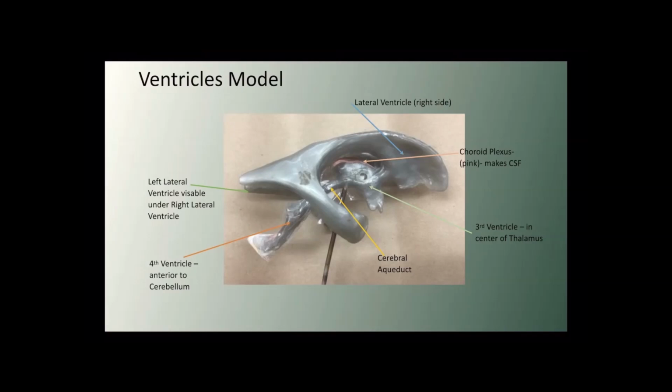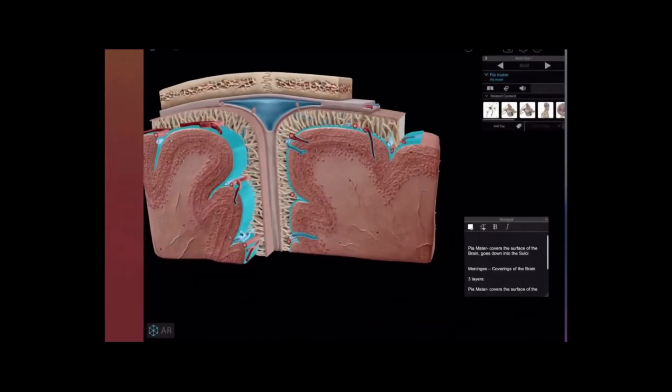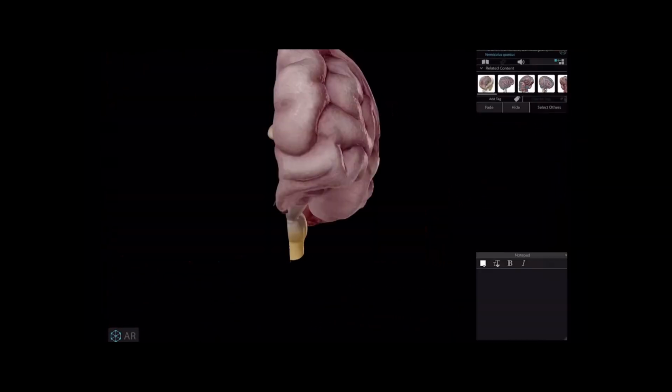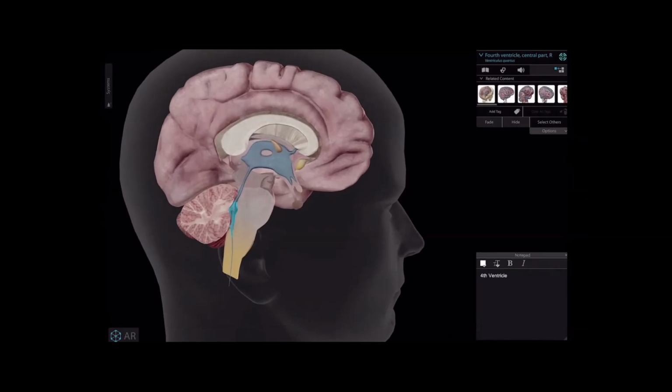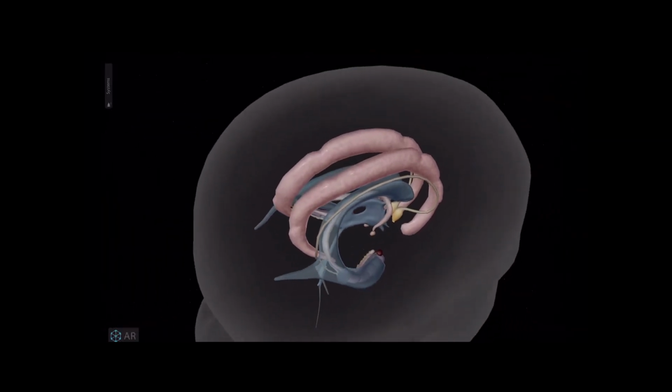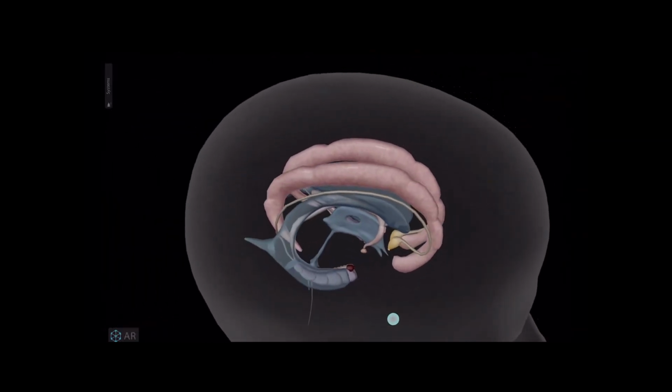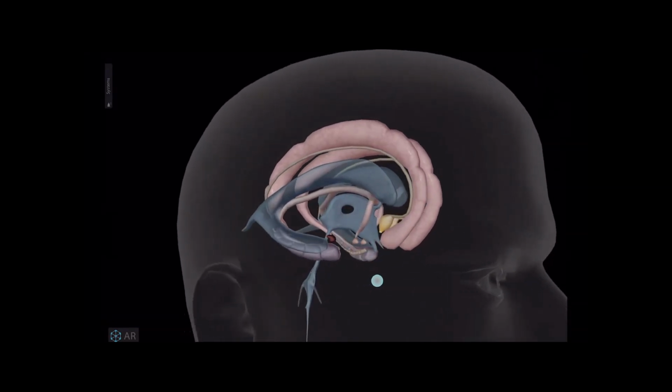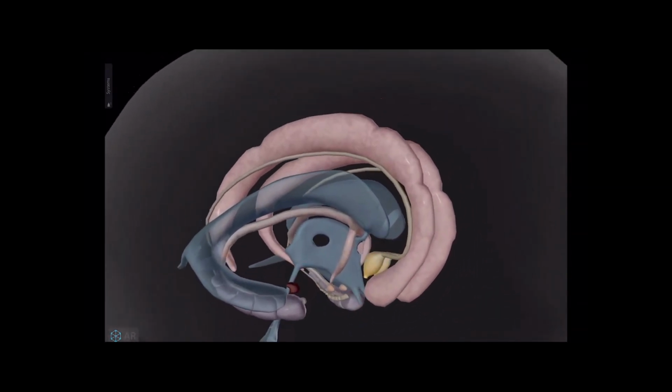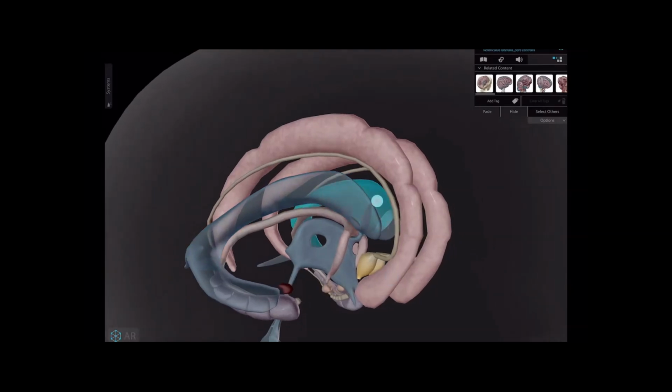Just to give you another idea of these ventricles, because sometimes it's kind of hard to imagine. Okay, so this is kind of showing those ventricles here. So here's the right lateral ventricle. There's the left here highlighted.